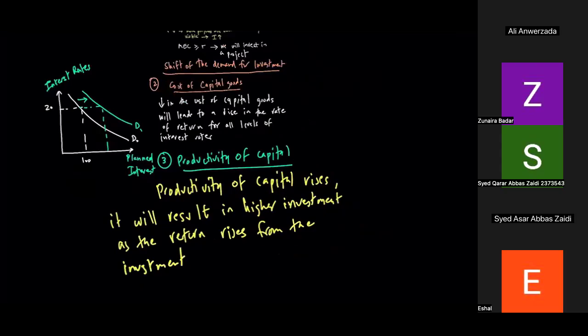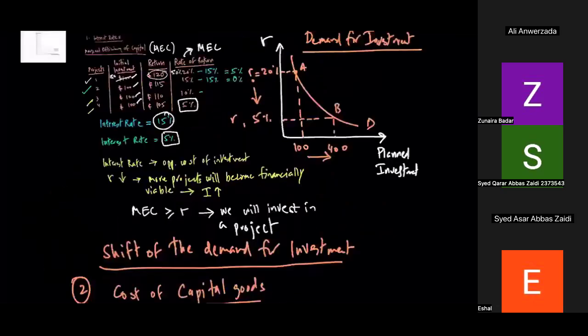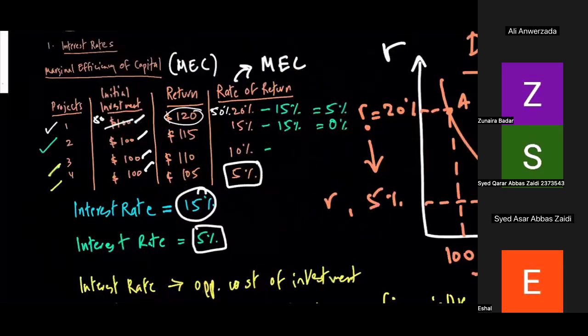So I'm going to go back to the table. I'm going to show you this quickly. If your productive labor becomes more productive, okay, imagine right now that this is your same 100, but if instead of 120 the return becomes 140, okay, or 150. Let me write this 150 because I want to give the same value as 50%.